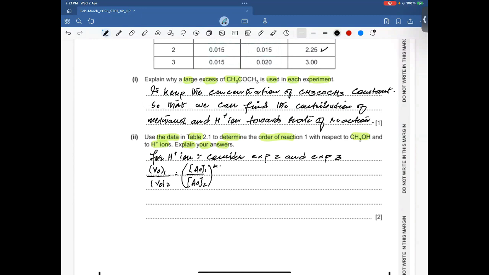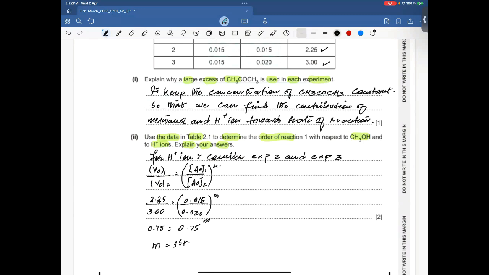So this is V01, and this is V02. A01 is 0.015, and then 0.020. So it's basically 0.75 equals 0.75 to the power m. So m is going to be 1, a first order reaction. So with respect to hydrogen ion, it is first order.